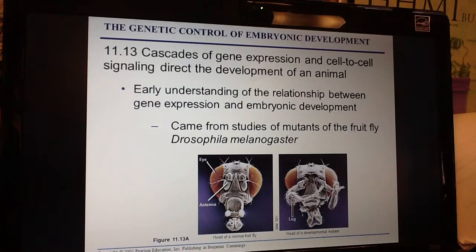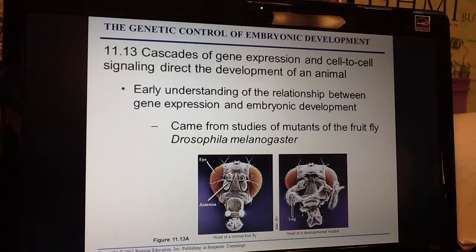And so we're starting to realize that there's been an early understanding of the relationship between how an organism develops and what genes are being expressed, or being made, at the time. The biggest developments have happened by studying the fruit fly called Drosophila.